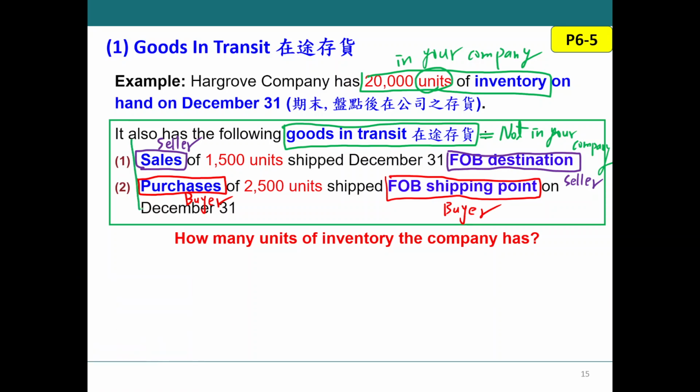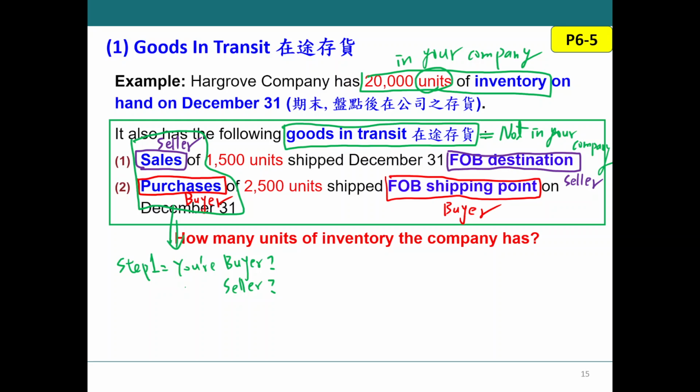Okay? So remember how to find out is it yours or is it not yours. First, you should figure out who are you. So step one, find out you are the buyer or you are the sellers. Okay? After that, step two, look at the sale term.